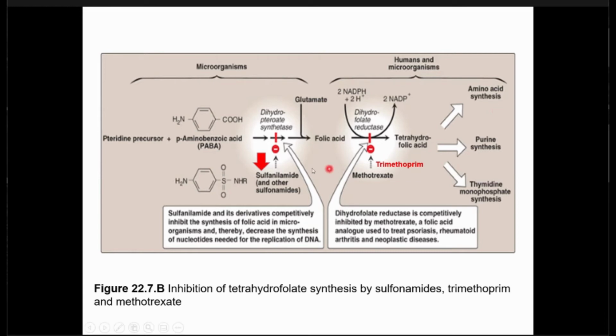The sulfonamide inhibits the dihydropteroate synthetase, and therefore the bacteria cannot multiply, they cannot synthesize DNA, and therefore they die. The same with trimethoprim and methotrexate: they inhibit the dihydrofolate reductase, and therefore there is no tetrahydrofolate synthesis, and there is no purine synthesis. And if you don't have purine synthesis, it means you cannot make DNA.